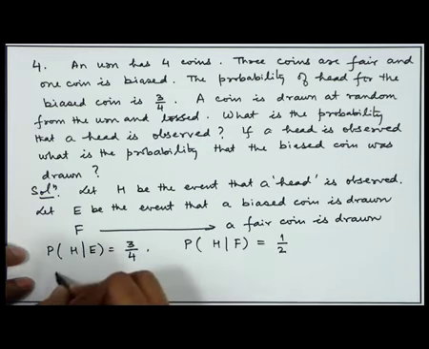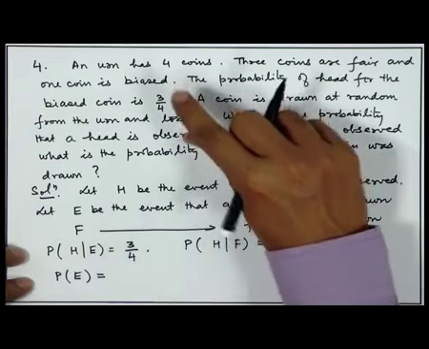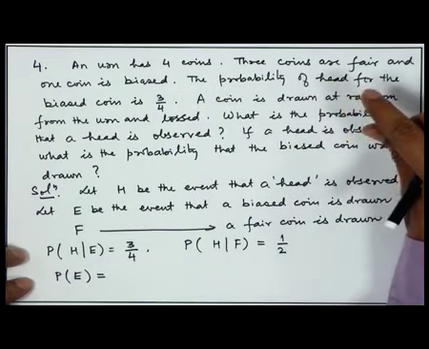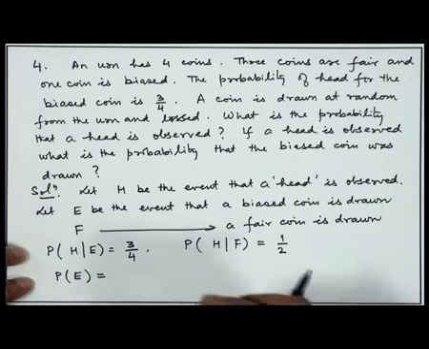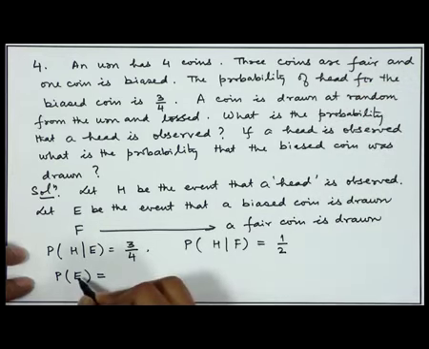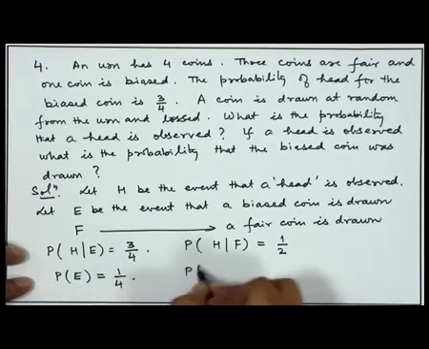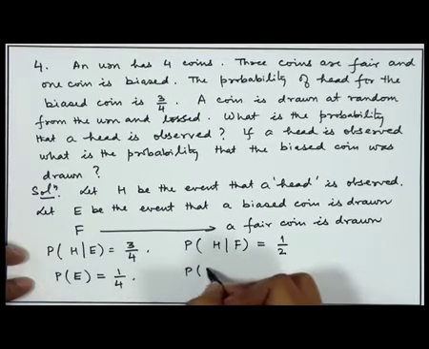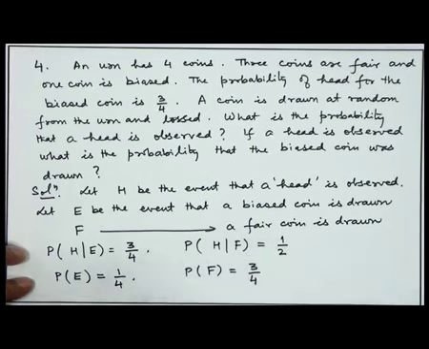Also, what are the probabilities of E and F? Now, there are 4 coins, out of which only one coin is biased. So, if we are drawing at random, the probability that we draw a biased coin will become 1 by 4 and the probability that we draw a fair coin will become 3 by 4.